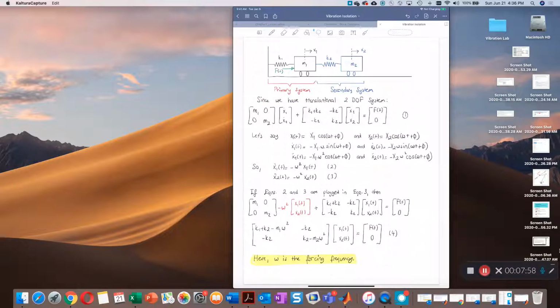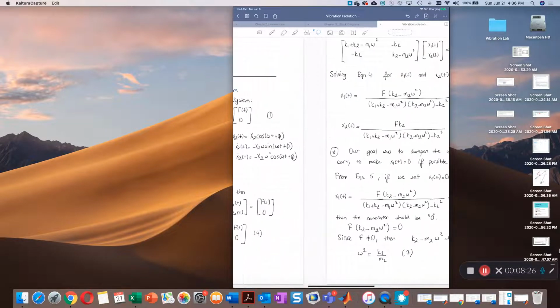From here, I can easily write the equations as k1 plus k2 minus m1 times omega squared, times x1, minus k2 times x2 equal to the force. And the second equation of motion becomes negative k2 times x1 plus k2 minus m2 times omega squared, times x2 equal to 0. Remember, omega is the forcing frequency.